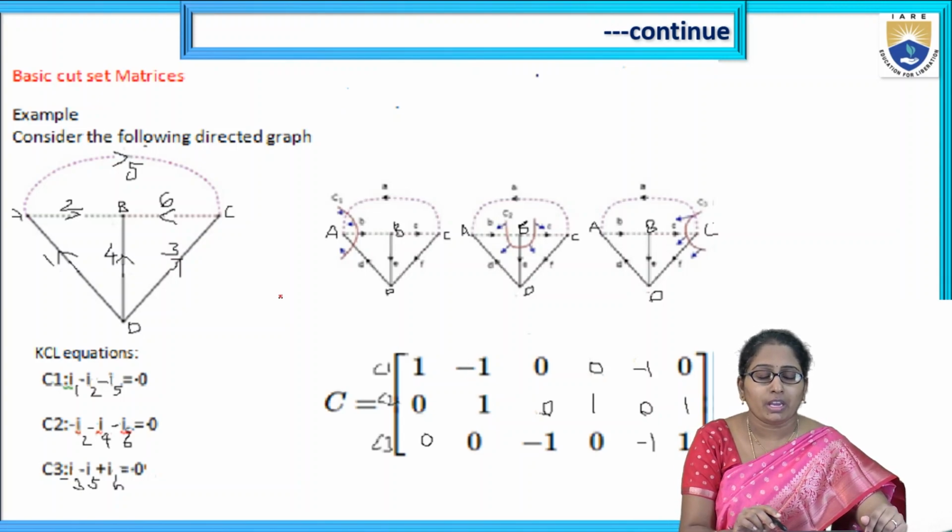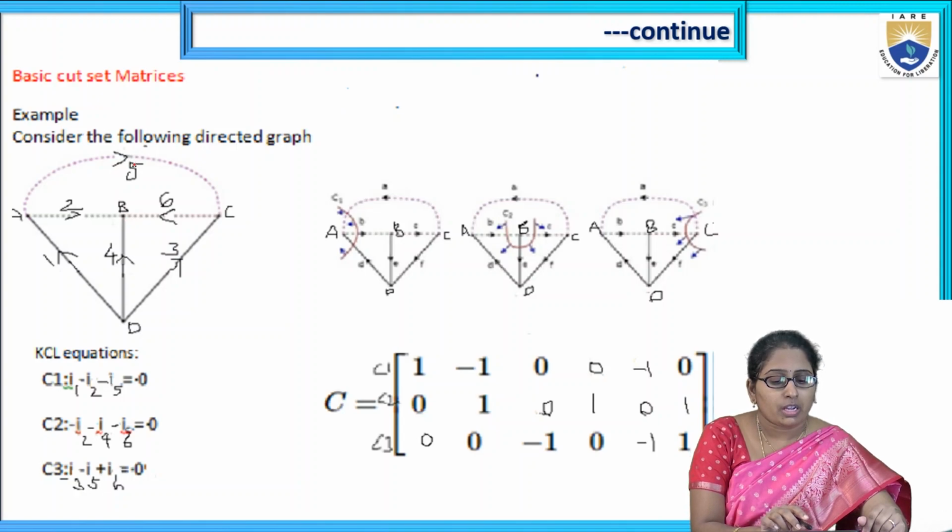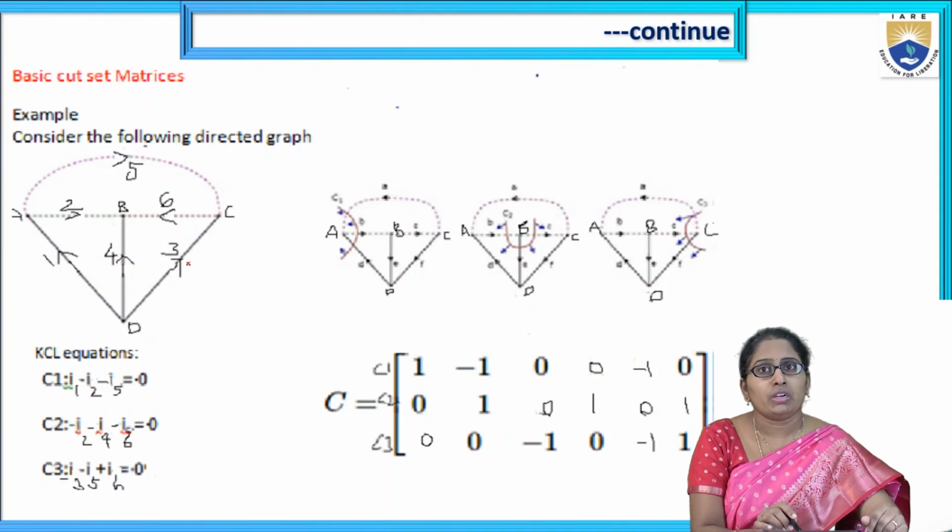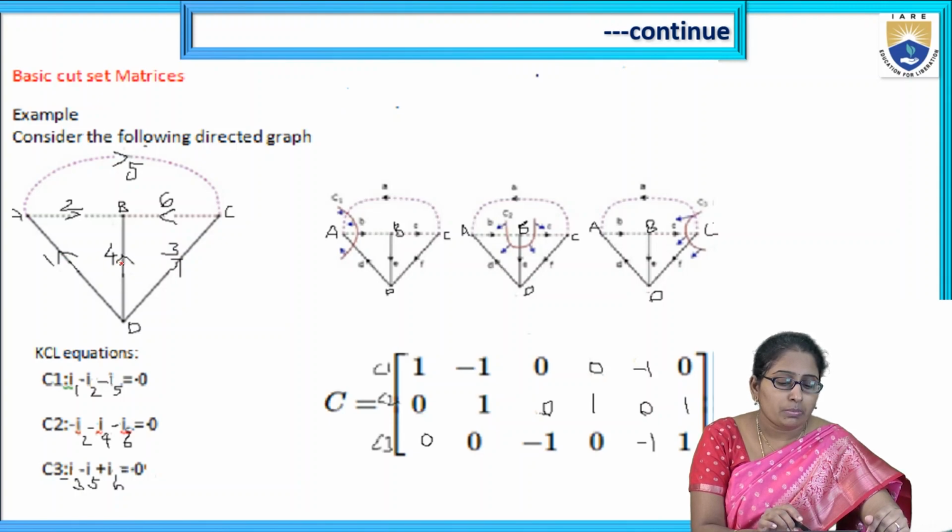Consider the following directed graph with the selected tree. The tree is shown with solid lines, as I already mentioned in the previous lecture also. Here the tree is shown with the branches 1, 3, 4.